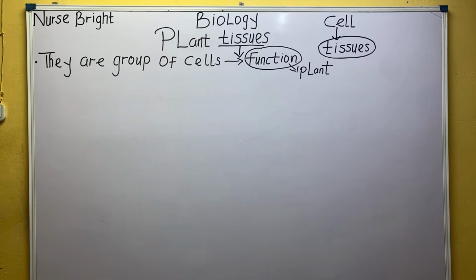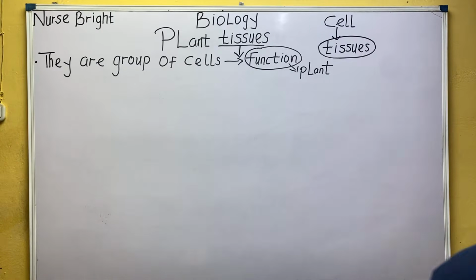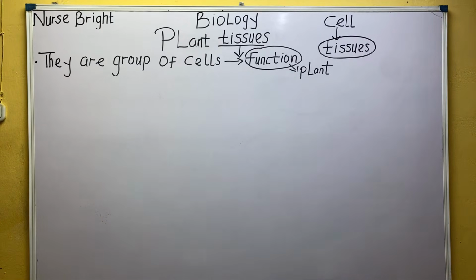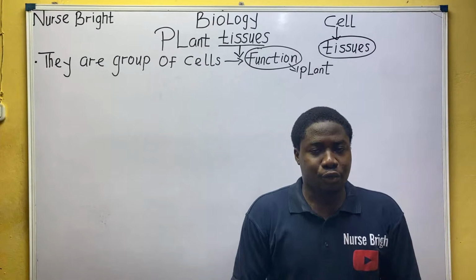Plants basically perform different functions. There are different types of cells. Listen, plants have different kinds of cells. Some of these cells in plants come together and perform various functions. Some of these cells, their function is maybe to supply water to other parts of the plant, maybe water from the soil through the roots.